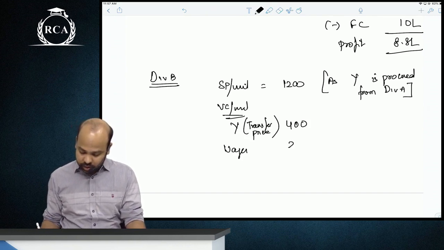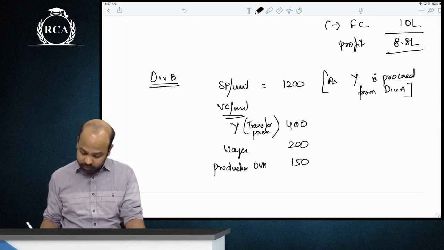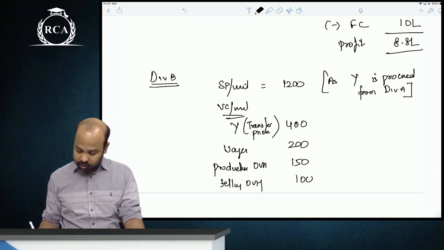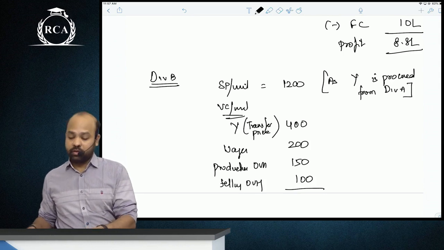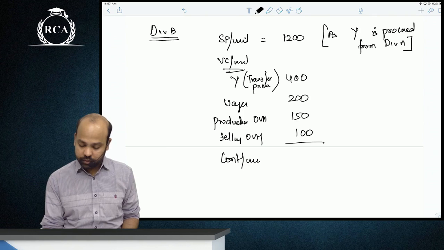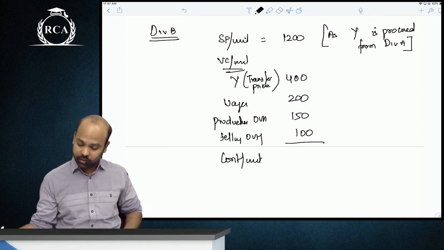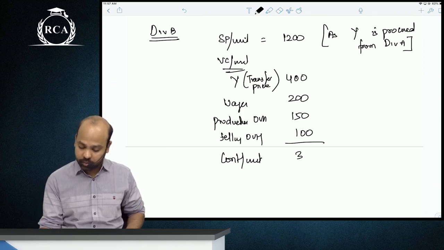Wages, beta, are 200. Production overheads are 150. Selling overheads are 100. So all of this, beta, would give us a contribution of 1200 minus 400, 200, 150, 100, that is 350 rupees.